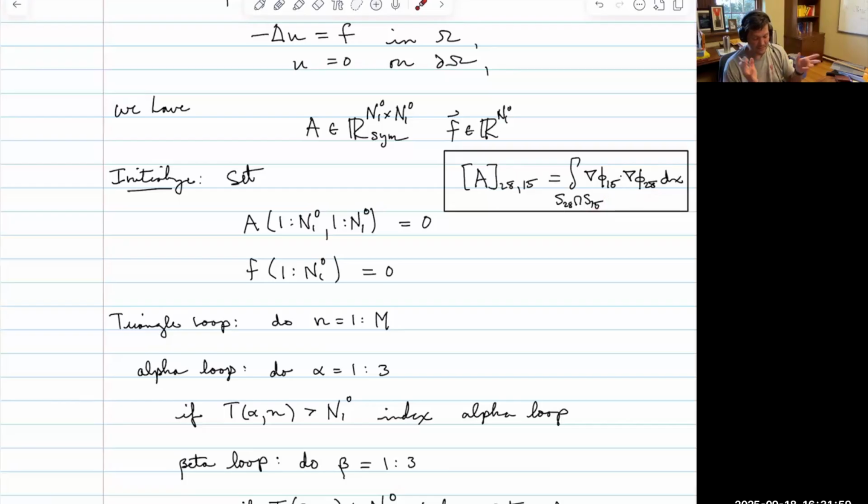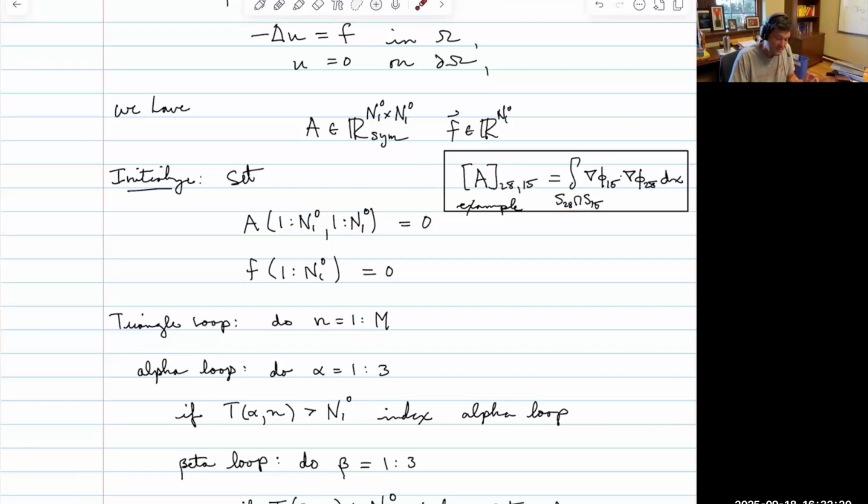let's suppose that there are 2 triangles in the intersection here. We're trying to calculate this, for example. Well, then I'm going to write this integral over the 2 separate triangles.